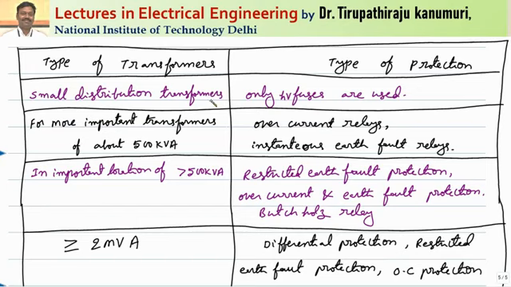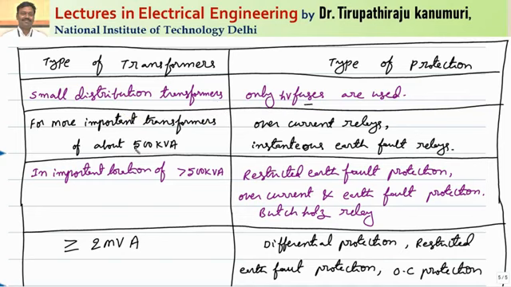Moreover, the cost of the transformer is less. If you provide a proper protection scheme, its cost would be nearly equal to the cost of the transformer. That is not required, because the protection scheme cost should be 10 to 15% of the cost of the transformer. If it is more than the transformer cost, then what is the need of providing the protection scheme? That's why only HV fuses are used for small distribution transformers.